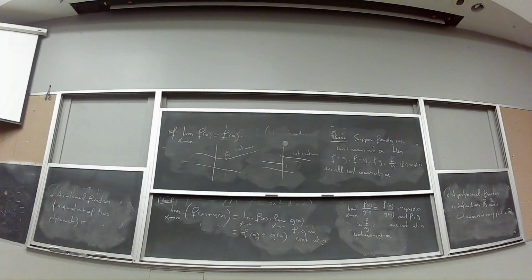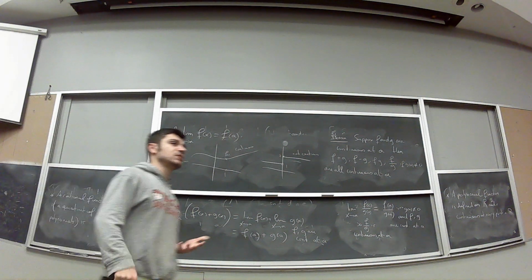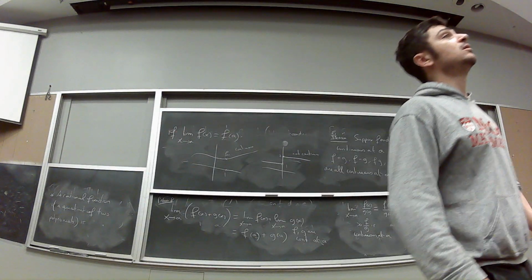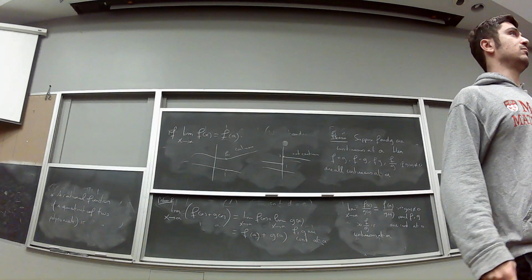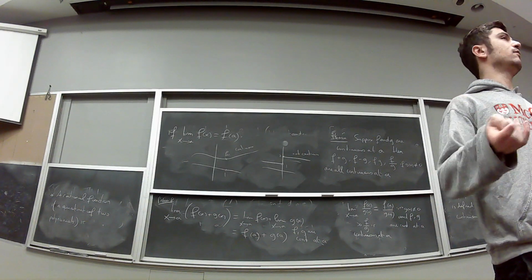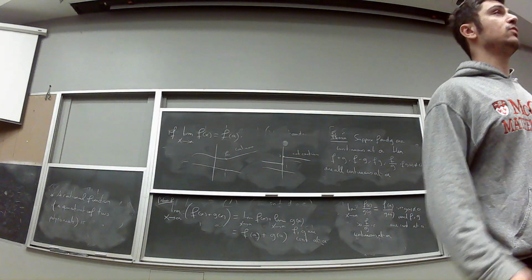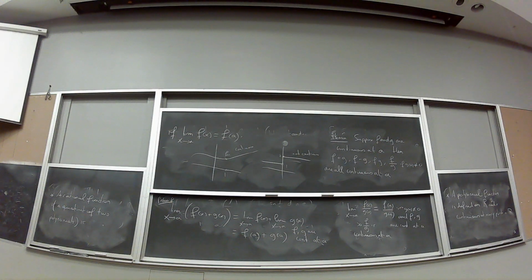So if I have the quotient of two polynomials, is it defined at every number? No. In general, I cannot say that it's defined at every number. What do I have to worry about? The denominator being 0. So a rational function is defined at every place where the denominator is non-zero. Now, if I remove the zeros of the denominator from the domain, can I say that the rational function is continuous at every point from its domain?